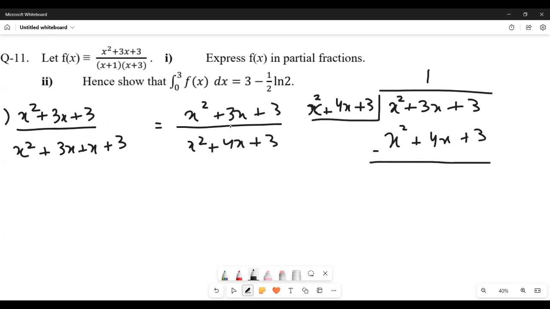Subtract करेंगे. Minus, minus, minus. This gets eliminated. We get minus x. And that's it. 3 also gets eliminated. So now this becomes 1 whole minus x at the top and x squared plus 4x plus 3.